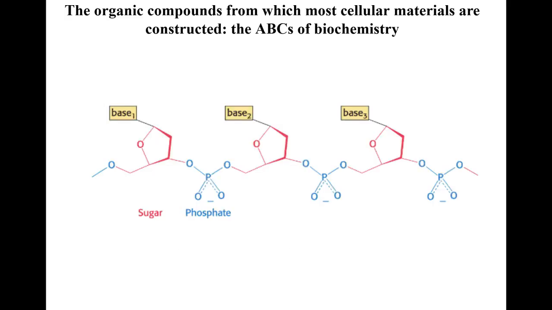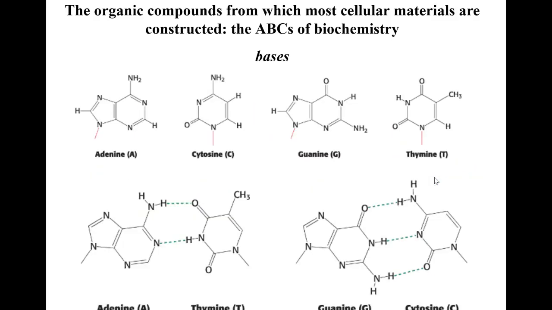And this is the structure of them all together, where you still have that nitrogenous base, your 5-carbon sugar, and then the phosphate backbone. And these are the different bases, and they are paired, where you have A and T and G and C, and they're paired by hydrogen bonds.